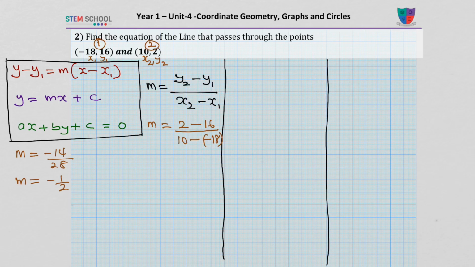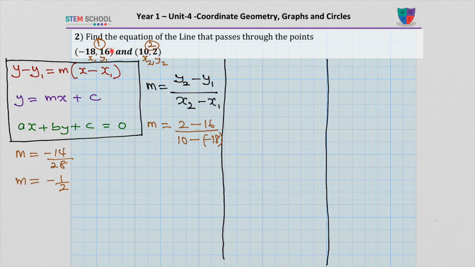Now I'm going to present it in this form. So I'm going to use either one of these points, these coordinates. I'm going to choose coordinate 2 here, where my x1 is 10 and my y1 is 2. But I could have used any of these. The reason?